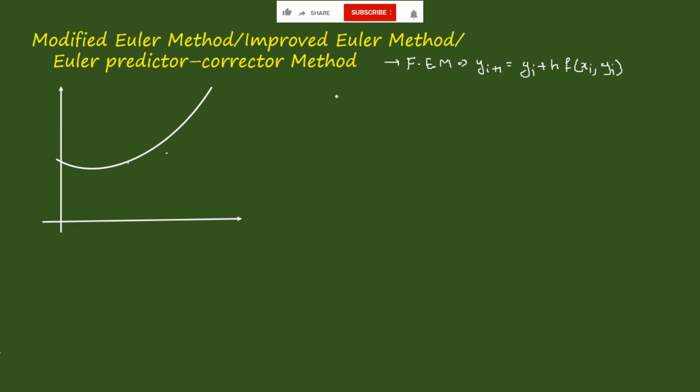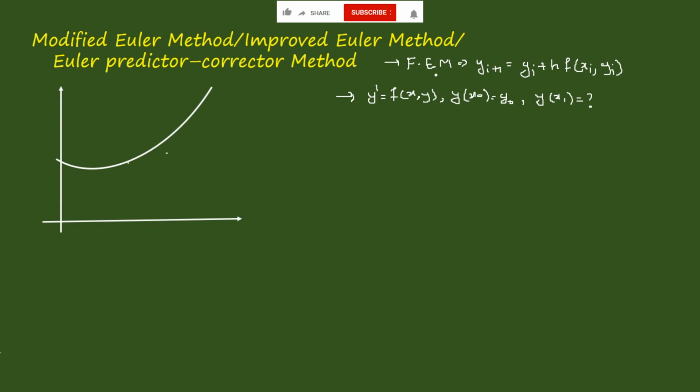They would be giving you the value of y dash is equal to f of x comma y, and they would be giving the initial values, y of x naught is equal to y naught, and they would be asking for the value y of x1 is equal to how much. In this form they would be asking the question.